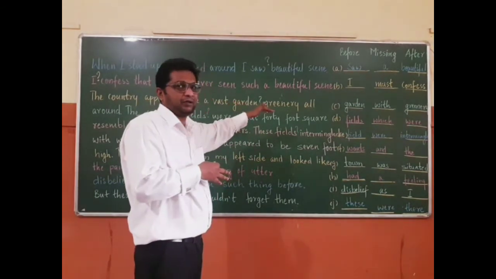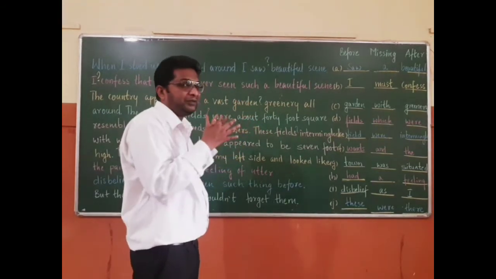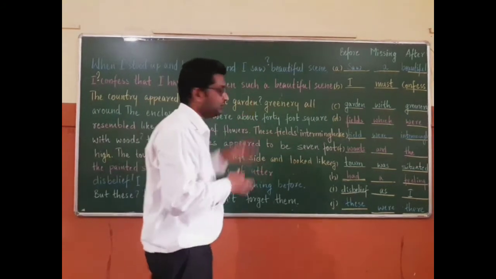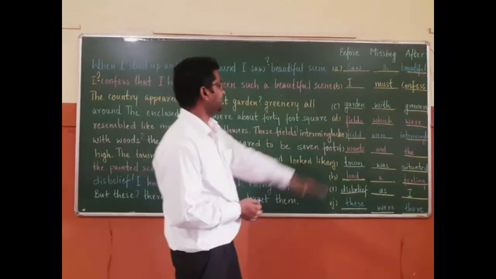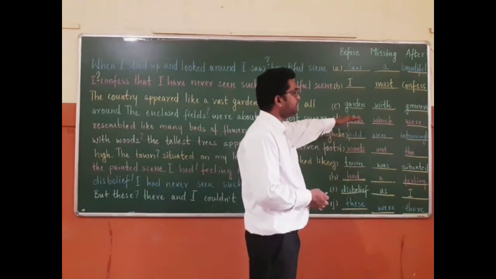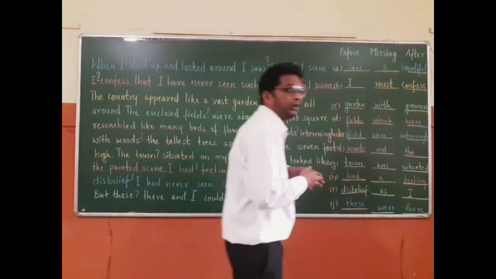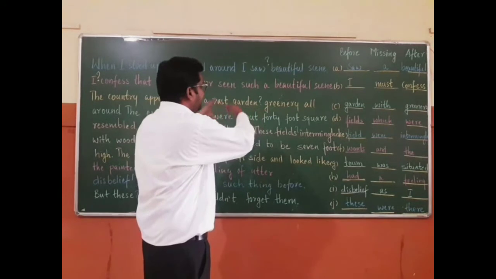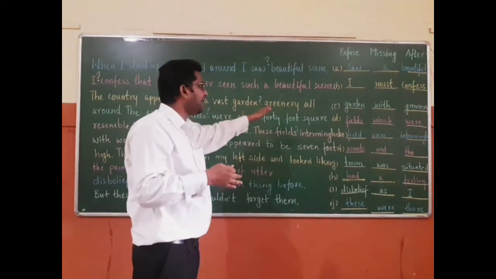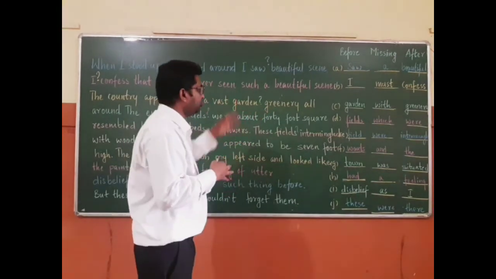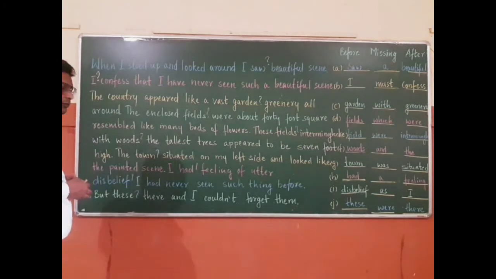Garden and greenery, it seems that something is missing in between. So what could be that word? It is with: garden with greenery all. So garden is the word that comes before, greenery is the word that comes after, and with is the word that is missing between garden and greenery, connecting them.